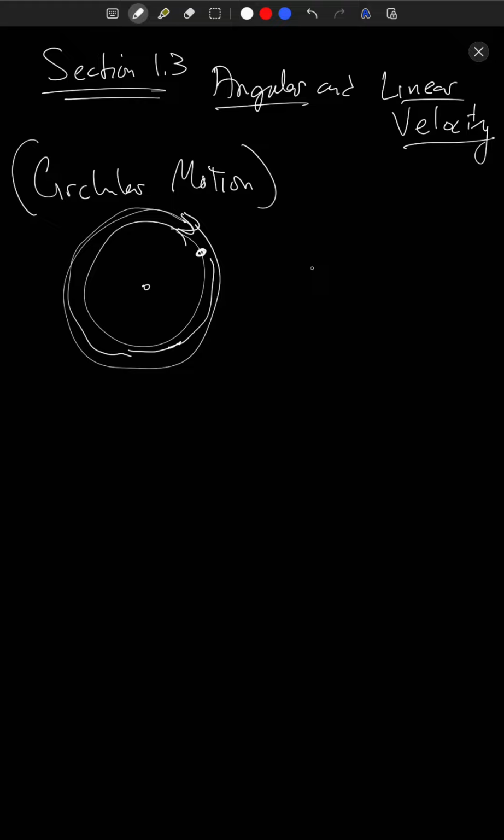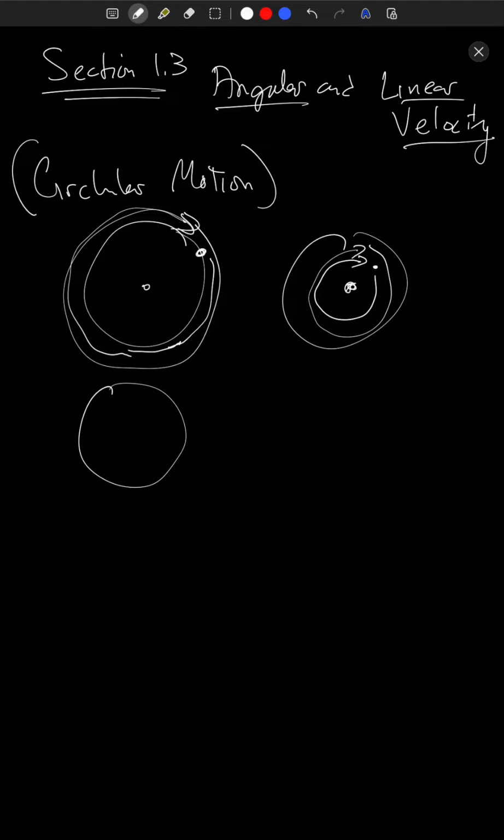If you have a vinyl record, right, and it's spinning at whatever, 45 RPM, any point on that record is going to be spinning around and around. All right? If you look at a clock and you look at, for example, the seconds hand, it's going to be spinning around and around. Now, that's the kind of motion that we're interested in.